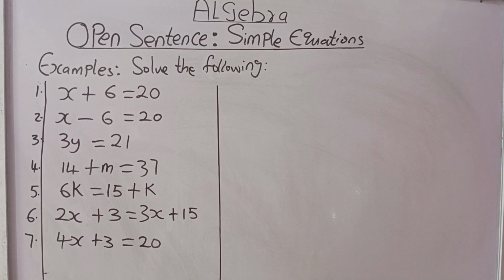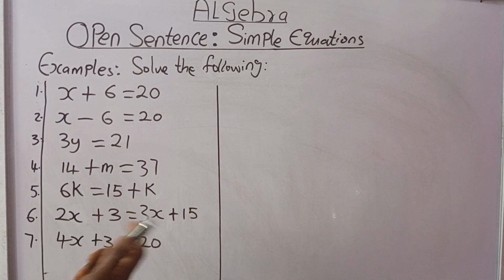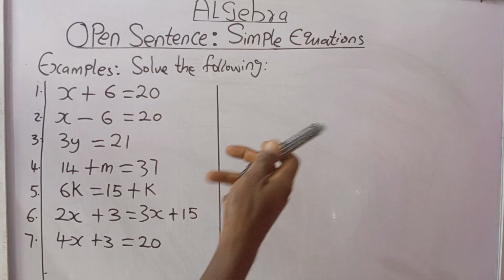Here we have open sentence, in other words, simple equations. So let's have a look at this particular section. Open sentence. When you hear open sentence, it has to do with balancing. Now look at it here.